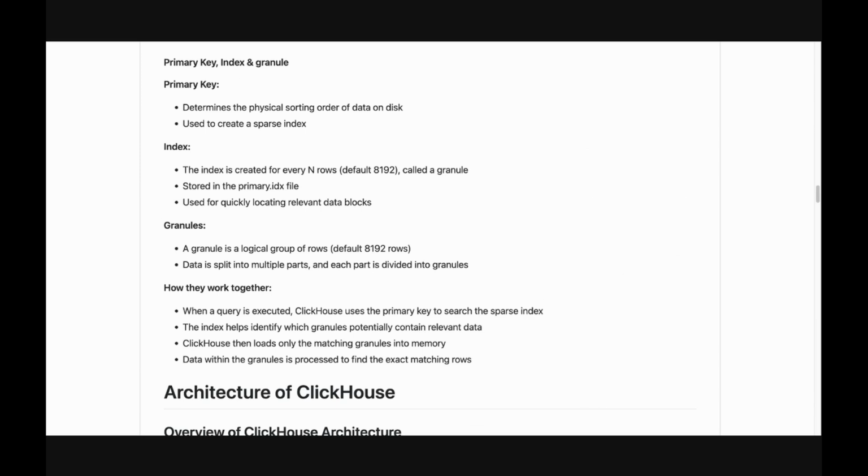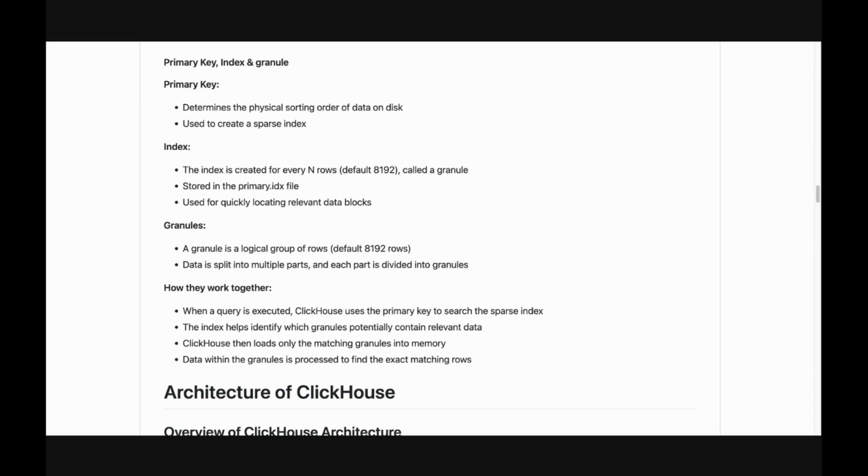For example, if we take the HR table, a primary key could be employee ID, because the employee ID would be unique for the entire company, and they wouldn't have any sort of duplicates in that table. So that is a primary key.